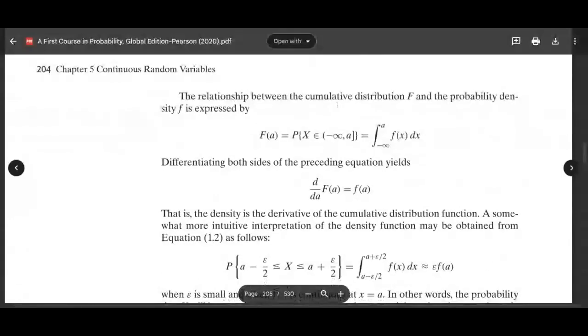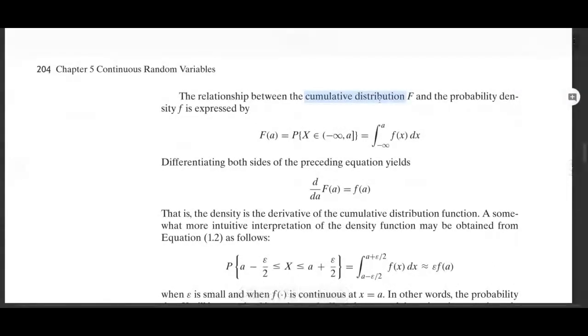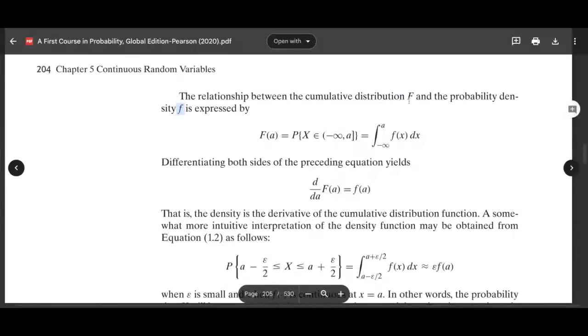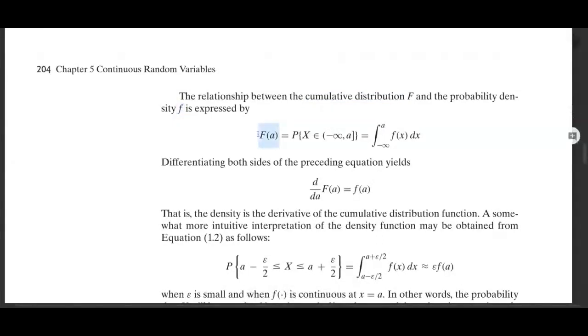Let's see this one. We have the concept of the cumulative distribution. The relationship between the cumulative distribution F and the probability density f is expressed by this, because we call this F of a the probability that X is less than or equal to a.